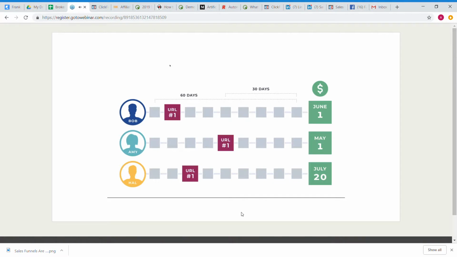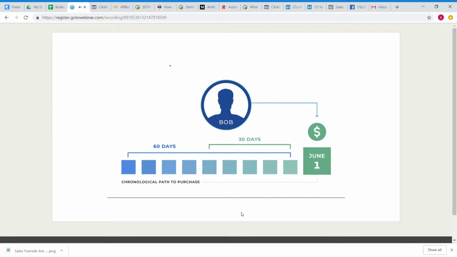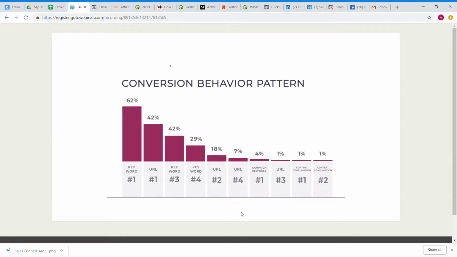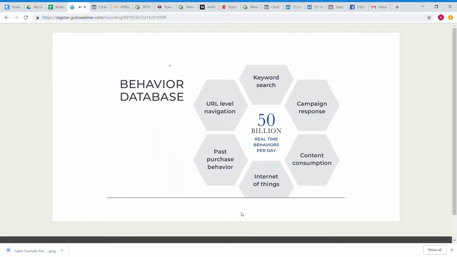Now, how do we know? Because we broke them down and we looked at them individually. And then we looked at them together. And from that, we determined that there is a behavior profile, right? A behavioral pattern of somebody who is in market. So every day when we bring in 50 billion pieces of behavior on the URL level, right?